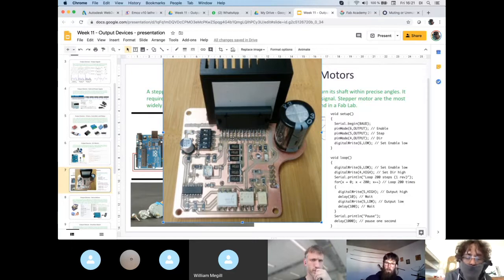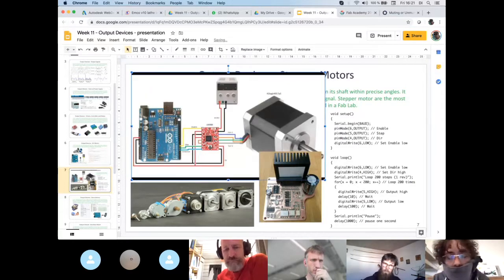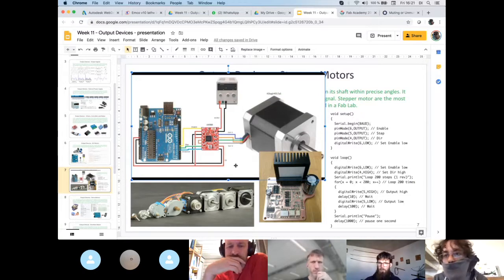This stepper driver that you see on the screen, and also the one I showed you before, is able to drive the motor up to 1/16 microstepping mode. If you change these switches, putting them on high or low, you change the stepping mode. From full step, you can go half step, 1/4 step, 1/8 step, and finally 1/16 step.